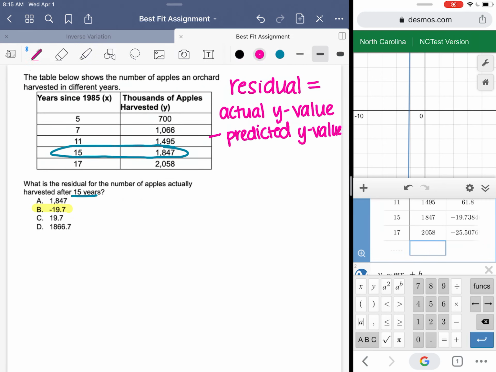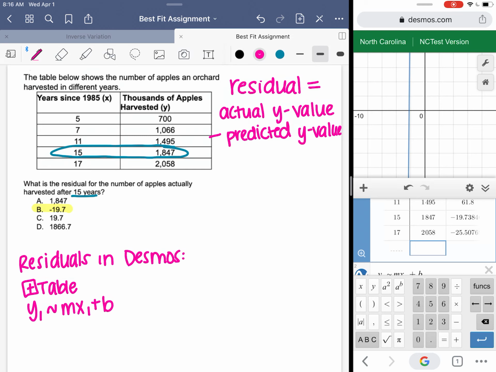Okay, so I'll make a quick note of how to find that in Desmos. First put your table in, y1 squiggle mx1 plus b, and then you're looking at this button that says E1 plot.